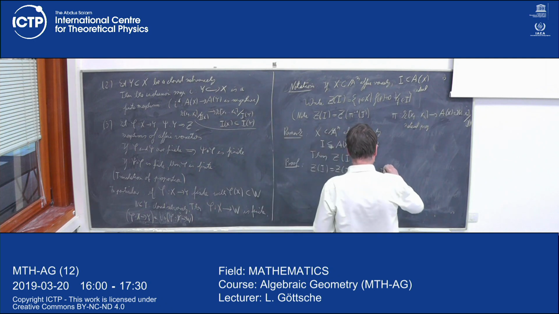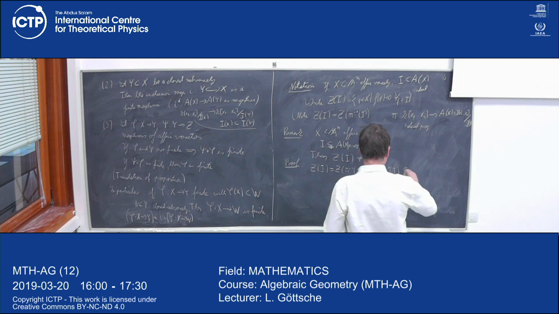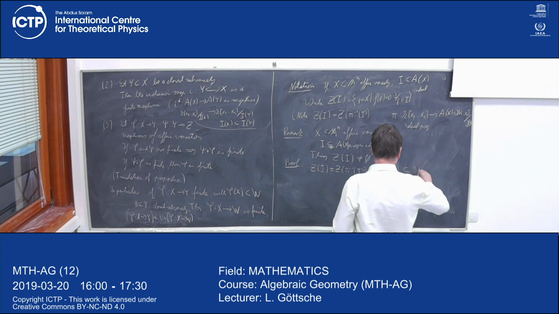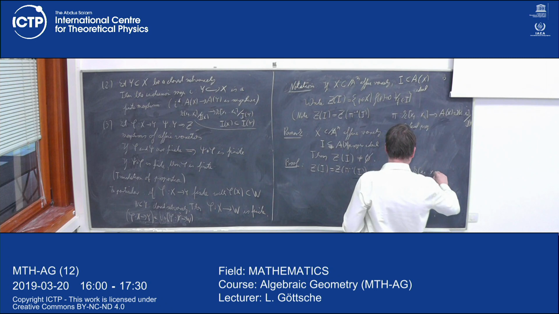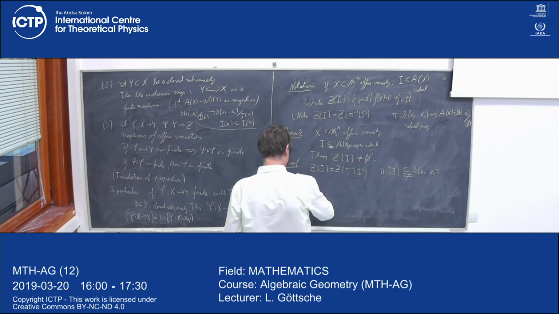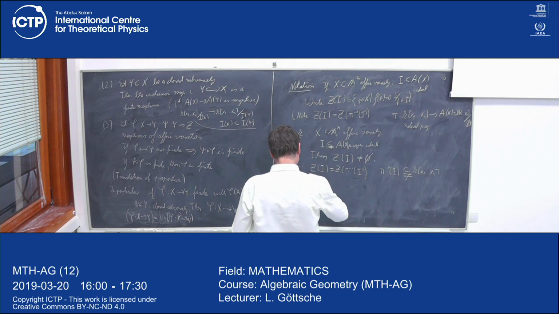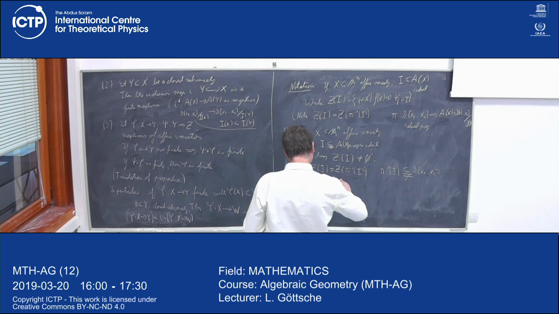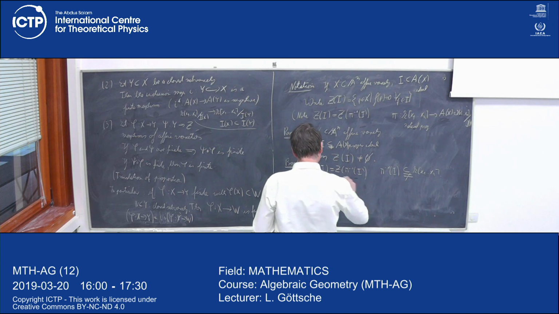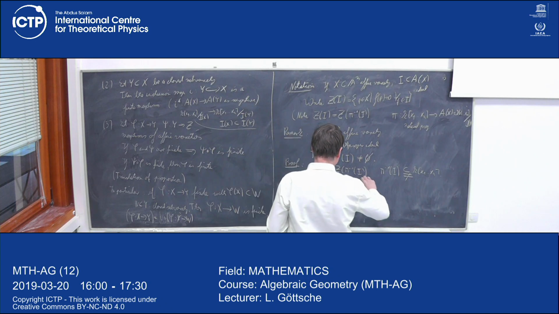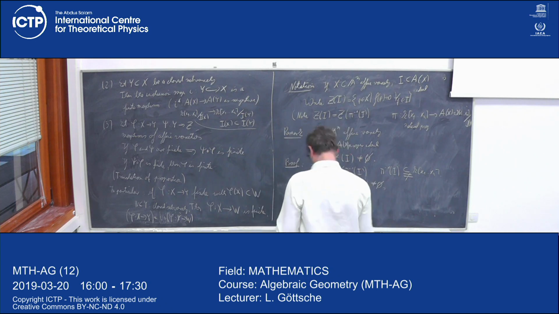So π^-1(I) is strictly contained in k[x1, ..., xn], and so by the Nullstellensatz the zero set of I is not empty.